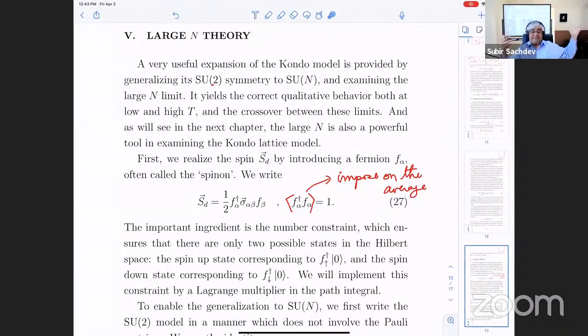When we did BCS theory, we didn't bother. We did Hartree-Fock theory. We just started factorizing the four-fermion interaction willy-nilly. And basically, that's exactly what we're going to do here. We're going to factorize all interactions and impose the constraints on the average. If you really want to be a stickler for the details and understand the corrections, well, then there's the 1/n expansion. But if you just want the mean field theory, then this is fine.